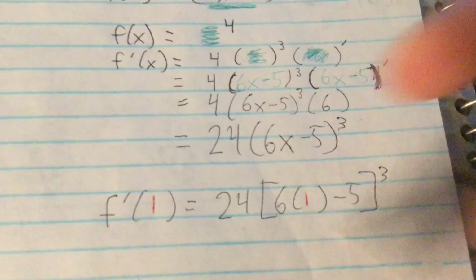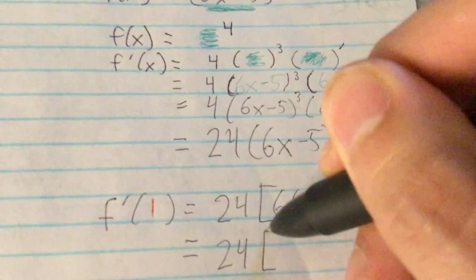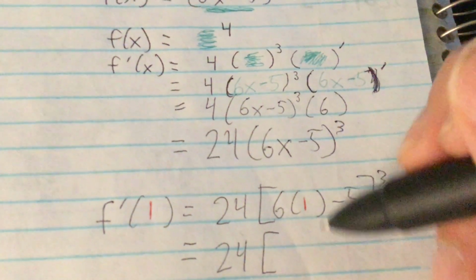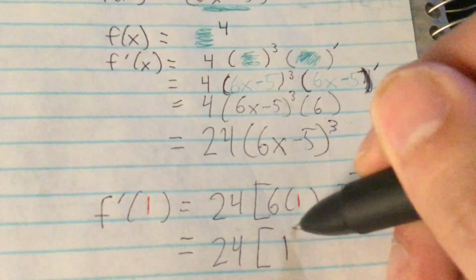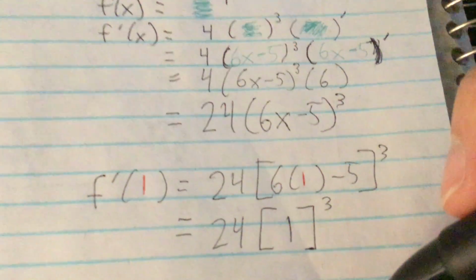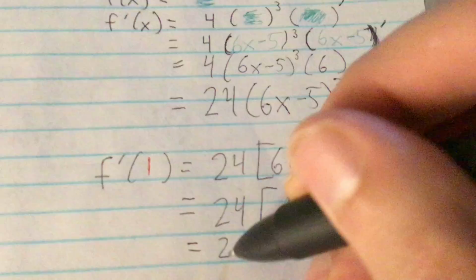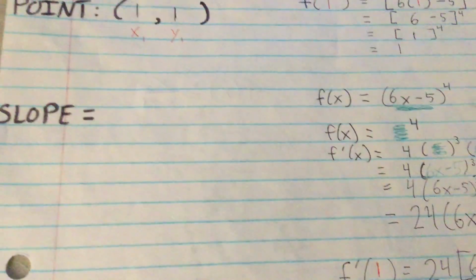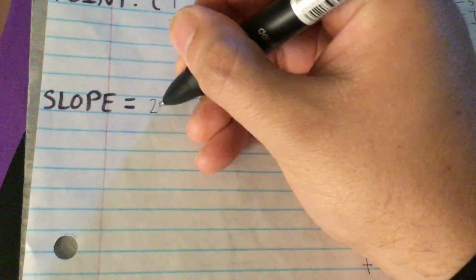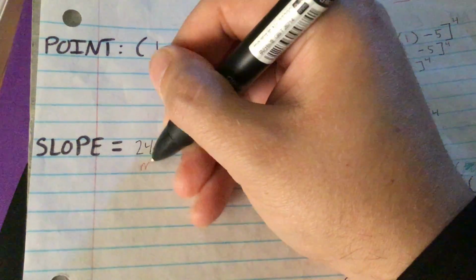With 24 on the outside, 6 times 1 is 6, 6 minus 5 is 1. 1 to the third power is 1. So 24 times 1 is 24. What this means is, at the point (1, 1), the slope at x equals 1 is 24. So that is my point, x1, y1, and that is my slope, m.